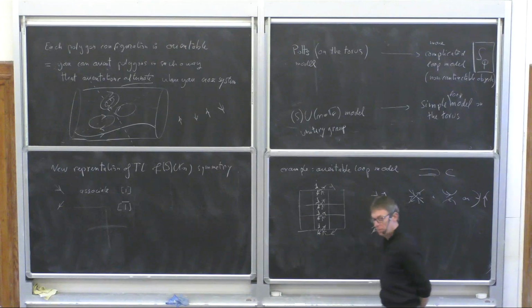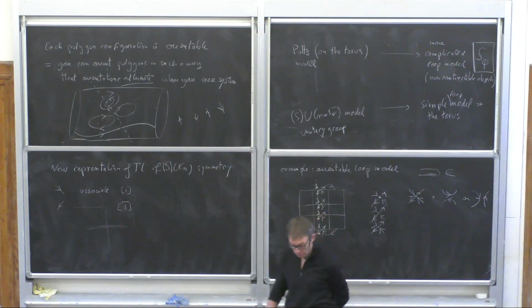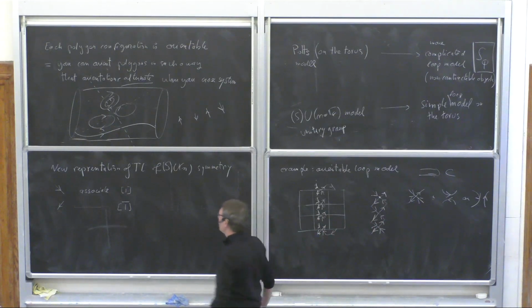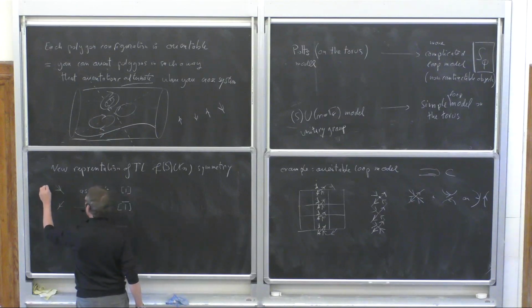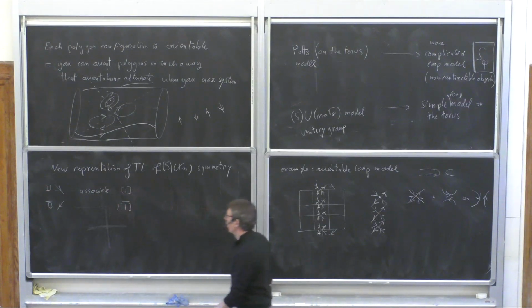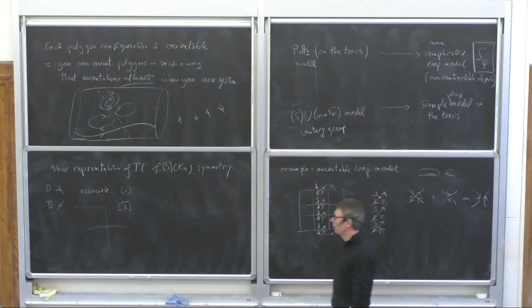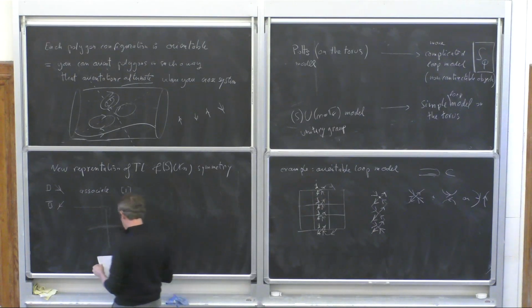If you don't know what this means, let me anyway write it down explicitly. Sometimes I will also, instead of this, use this notation. But let's write them down explicitly so there will not be any problem of understanding.